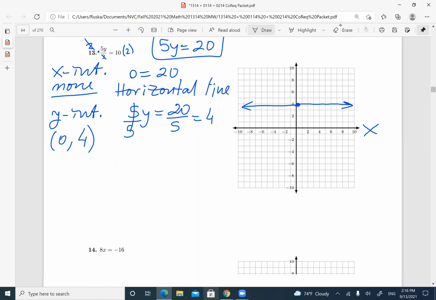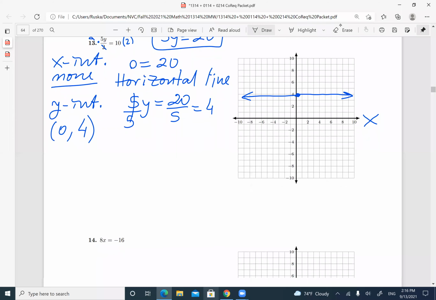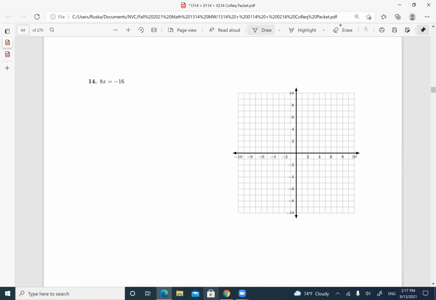So next one is obviously vertical because you have only x equals. But again, if you want, you can find the x-intercept and the y-intercept. You can do that also, but here it looks like the equation has only x, and I can just get x by itself. So I'm going to divide by 8 both sides to get x by itself. So x is going to be -2.